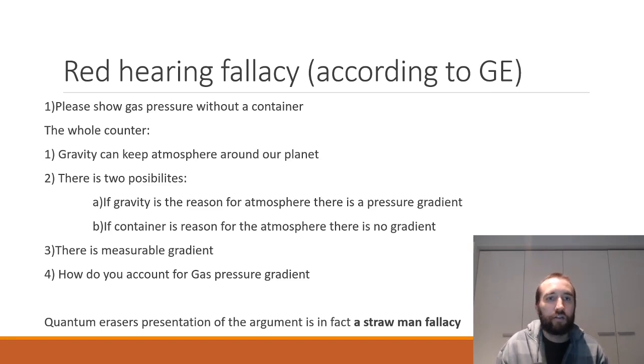But so he is making the claim that the 4 is designed to counter the claim, the 1 here, but it's not, because as I explained, it's designed to attack one of the premises of the original argument.